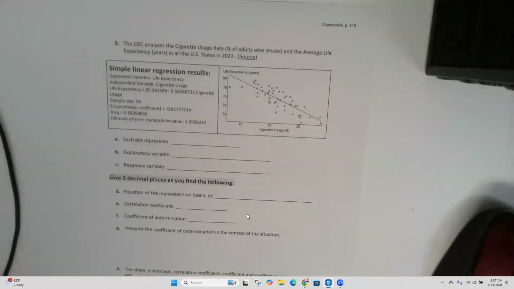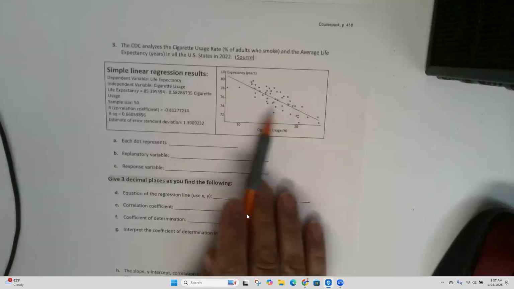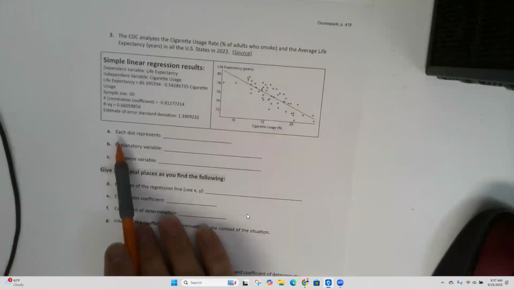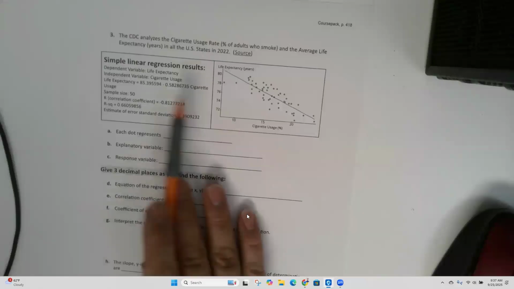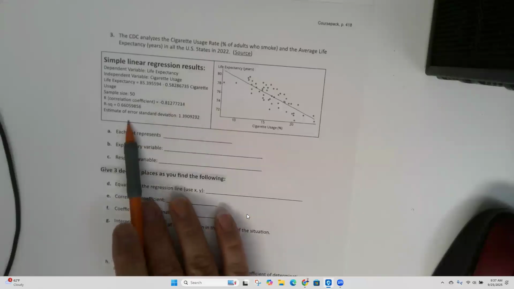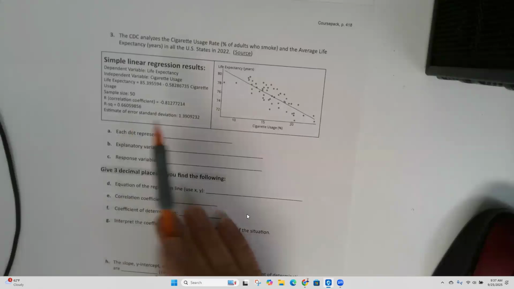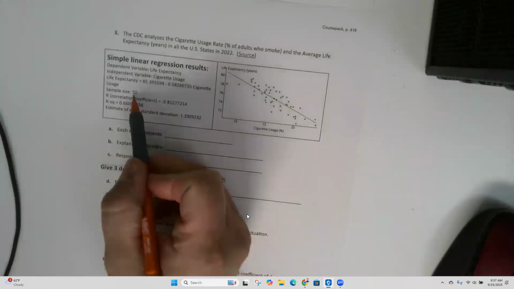On page 418, the CDC analyzes the cigarette usage rate and the average life expectancy in all the US states in 2022. They've given us all of the states here, all the dots, and they did all of the StatCrunch already for us. You can see the sample size is 50, so that means we have all 50 states.